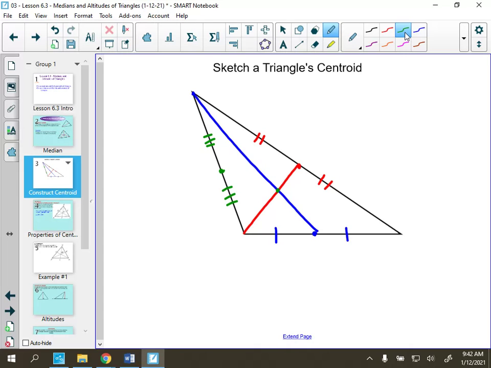I know I need to pass through that point right there, so I can kind of cheat it a little bit, although I don't think we really have to cheat. You just know where your destination is. So there we go. There is my centroid.